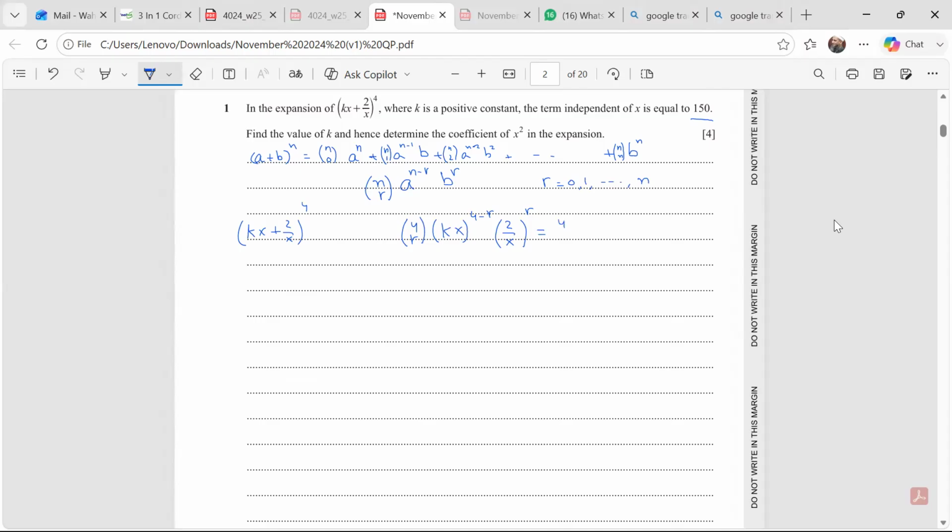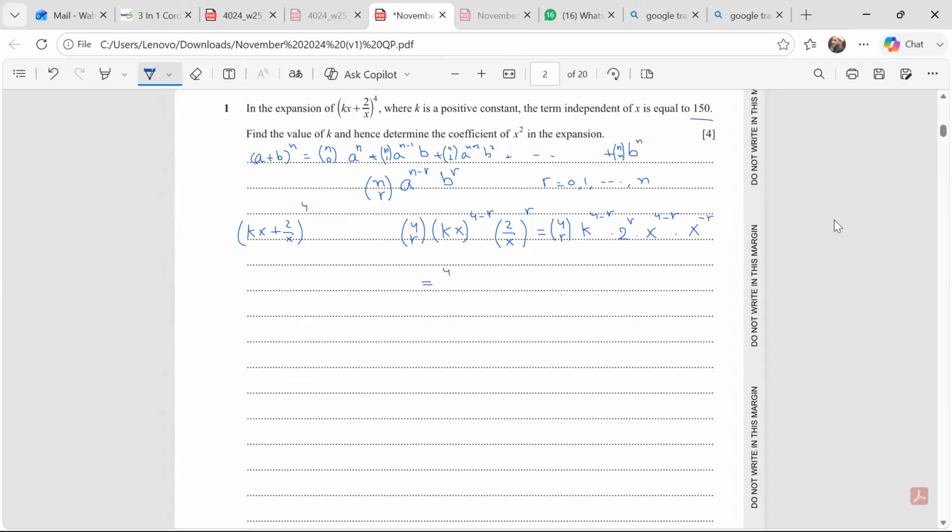Let me simplify this expression a little bit. It is going to be 4 combination r, and then k to the power 4 minus r, and in the same way, 2 to the power r, and then x to the power 4 minus r, and this x has power minus r. I hope it's clear.